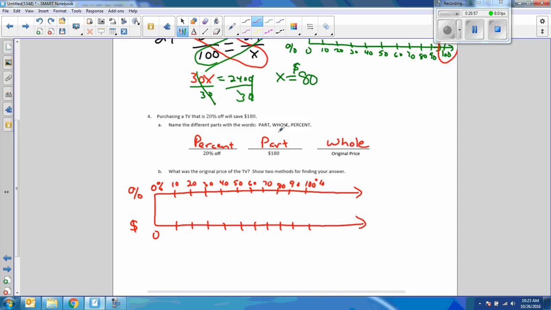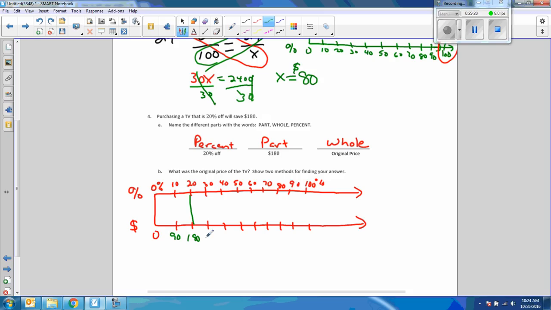But I want this value to be included, 180. And we know it was 20%. So my 180 is right here, straight across from 20%. 20% is 180. So what do I have to do to go 2 marks to get 180? 180 divided by 2 is 90.